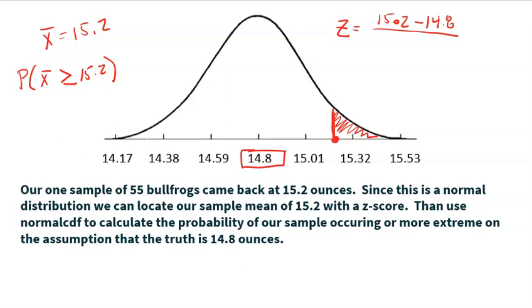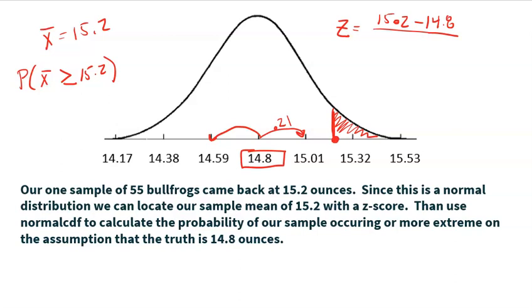Well, remember, one standard deviation is how much you go up or how much you go down. And we do that 3 times on each side. So one standard deviation could simply be found by taking that 15.01 and subtracting the 14.8. So 0.21 must be my standard deviation.